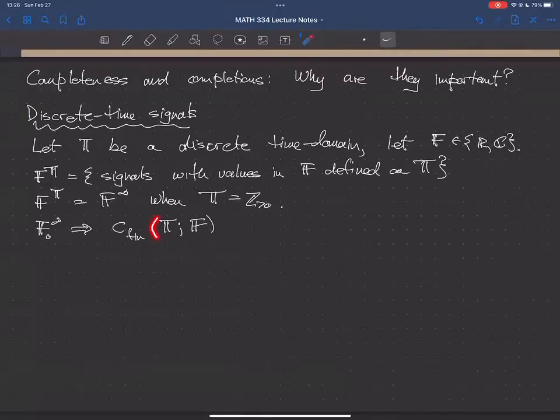There are parentheses, and there's a domain and a codomain separated by a semicolon. Then sitting out front is some symbology that says something about the character of the signals I'm talking about. In here, fin, as I said, means finite. So these are the signals which are nonzero only on a finite set.